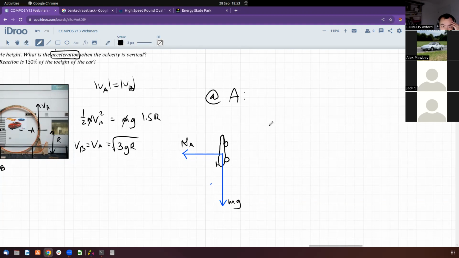We just say the normal acceleration is equal to v squared over r. That's always true. So that's equal to 3gr over r, so it's 3g. Oh, that is surprising. Really? Normal acceleration is so big.